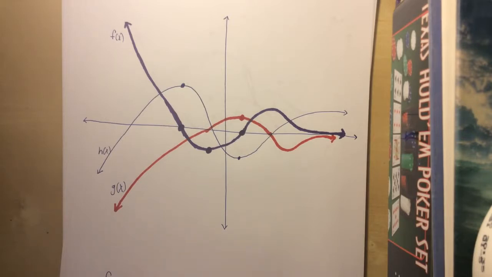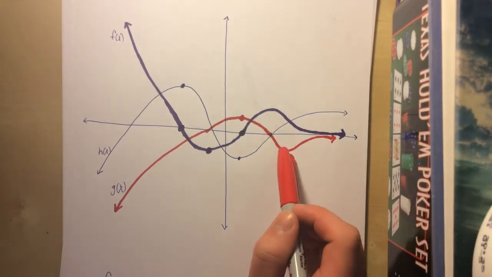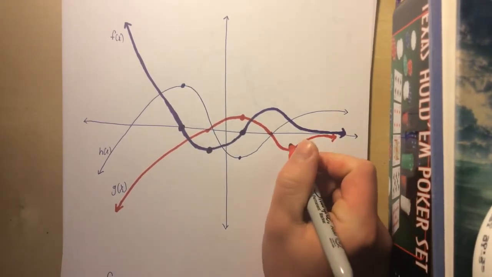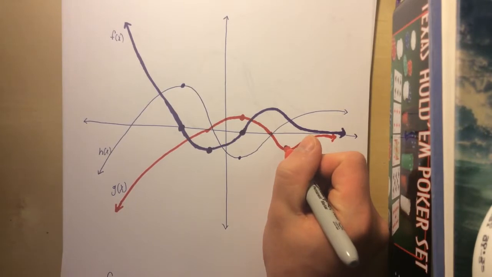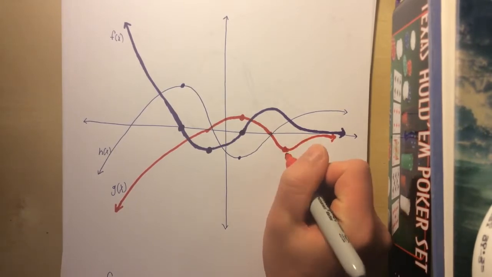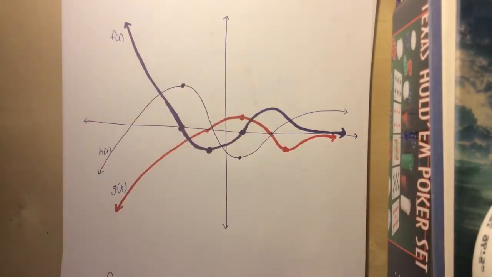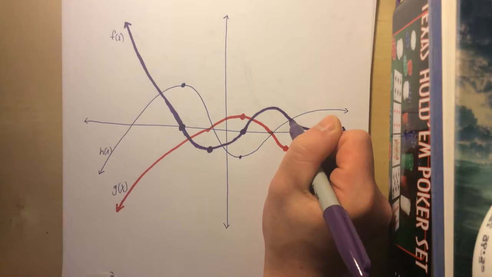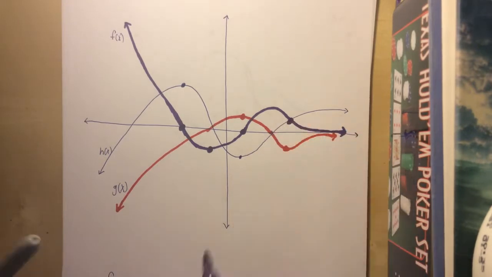Let's look at this point right here. G of x has a local min, and f of x seems to have an inflection point, and h of x doesn't really seem to be doing anything.